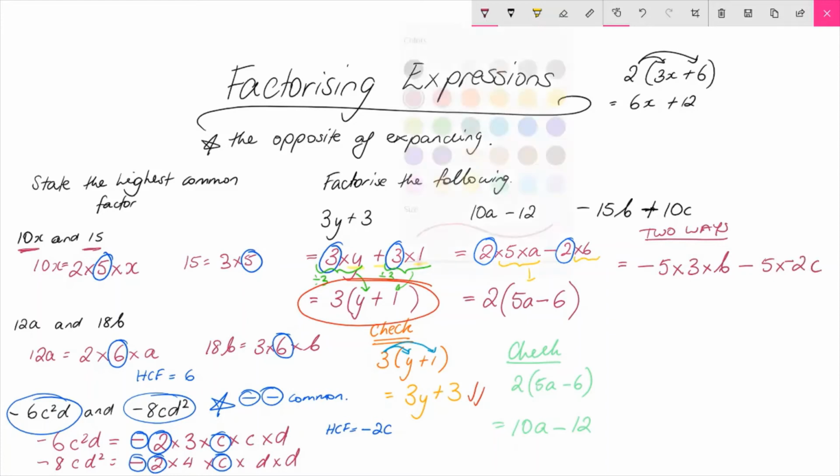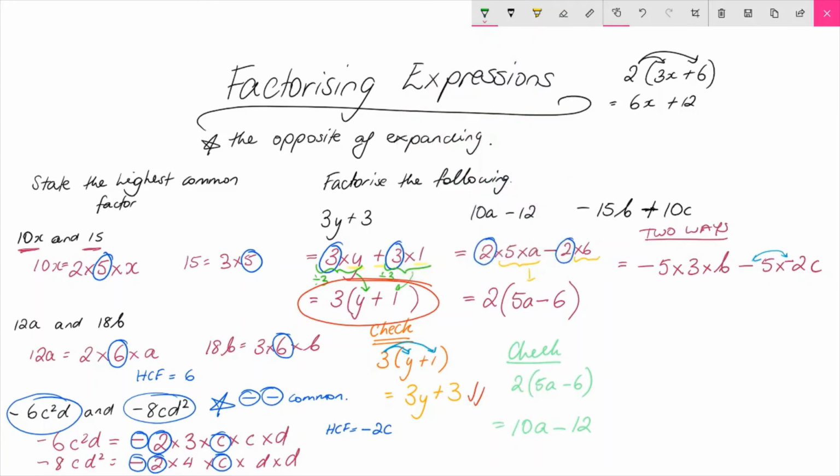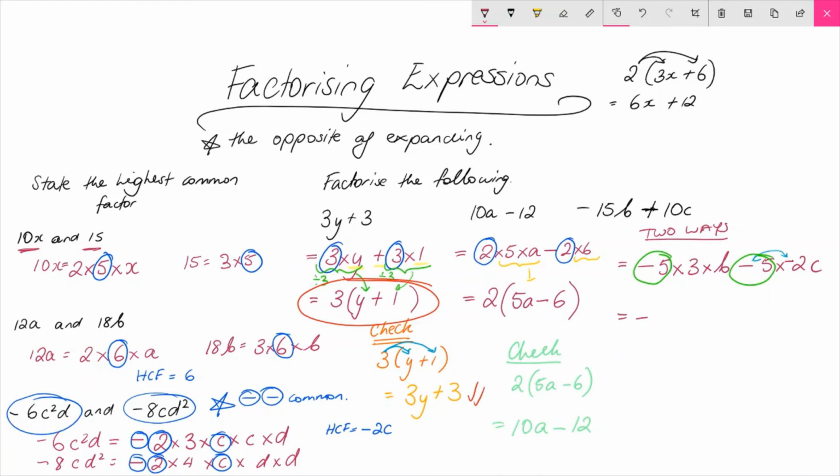Because remember, a negative multiplied with a negative makes a positive. So if we have a look at what's common, we have a negative 5 common and a negative 5 common. So when we factorize, we put the negative 5 out the front, and the remaining factors go inside the bracket. So that's one way to write this.